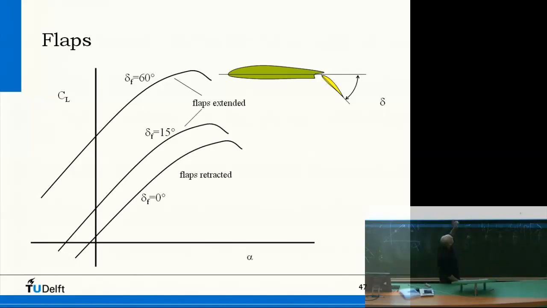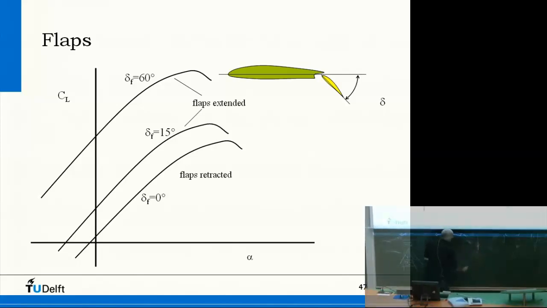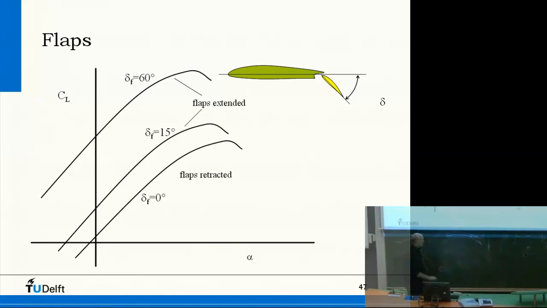And that's exactly what you do with a flap, because now, instead of having a straight airfoil with this camber, if you do it like this, then you have this camber right here. Which means that you increase the downward velocity, which means that you have an increased lift. Right? So increasing the camber means that you increase the lift.